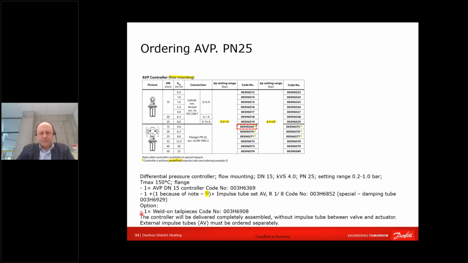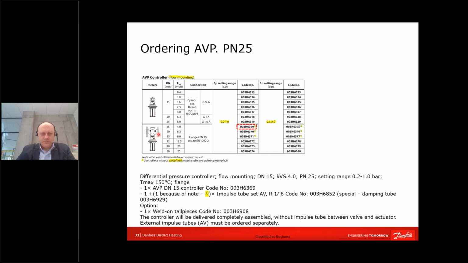For the impulse tube, here in Lithuania, we use this special tube, 6929, which is capable of damping oscillations, because otherwise you can use an ordinary 6 millimeter copper tube.